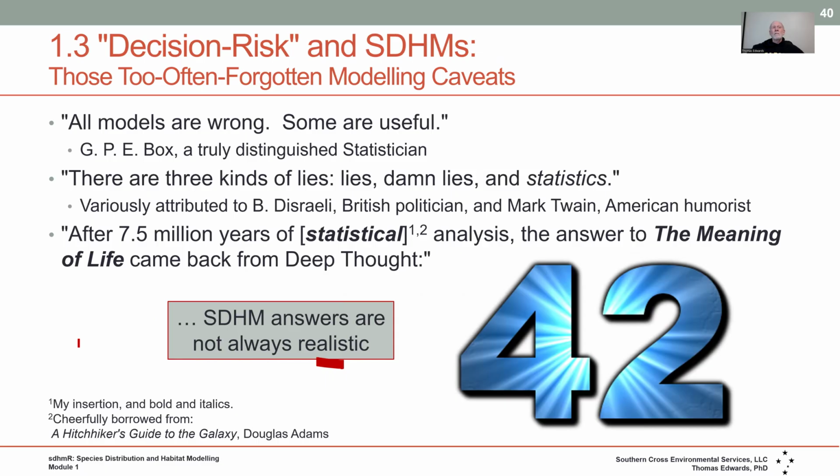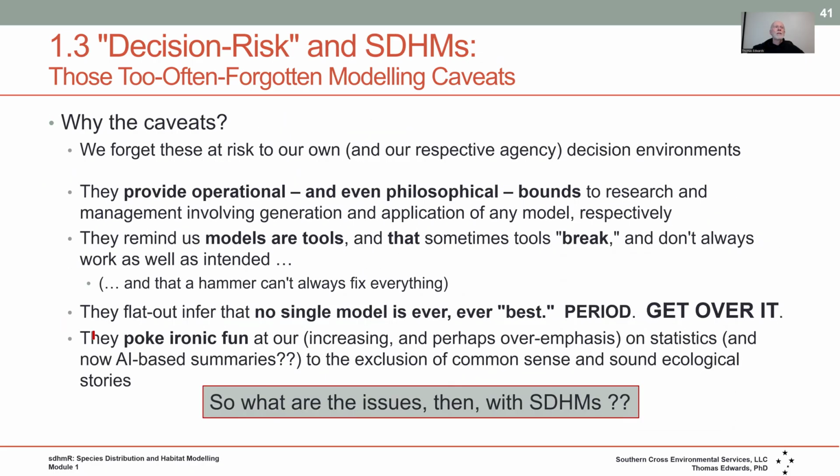This points out the fact that these models will provide you with an answer, but you need to look at it, because if the answer comes back as 42, you get the analogy here. These three caveats are just something I ask you to keep in the back of your mind whenever you are developing or evaluating any form of distribution model.